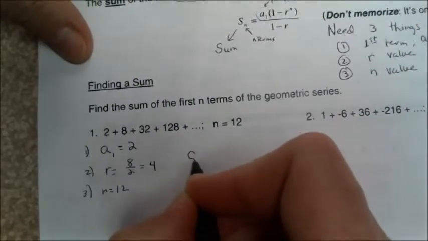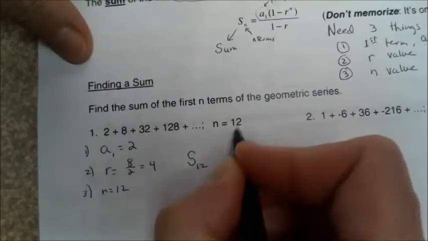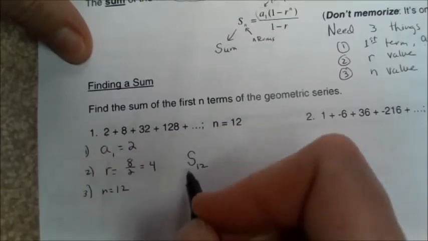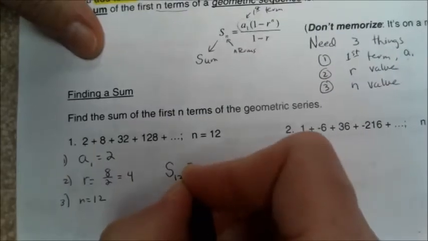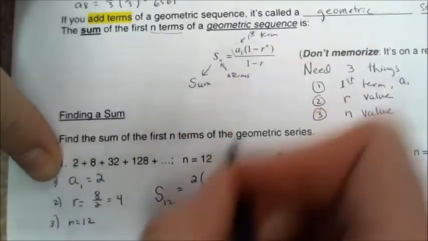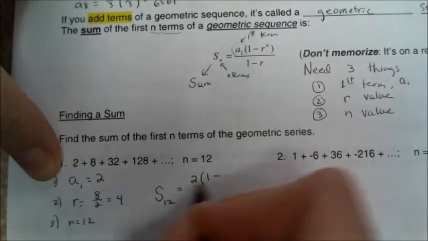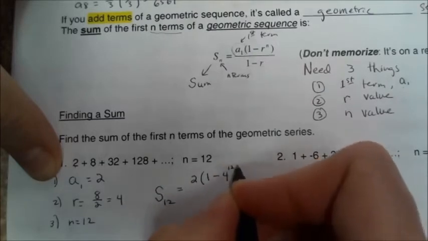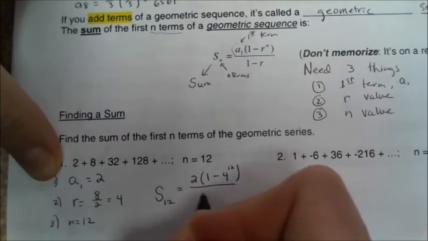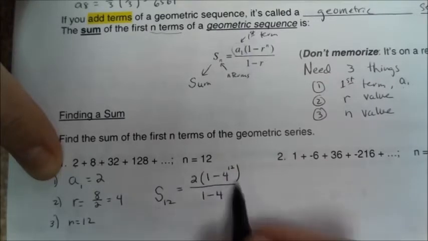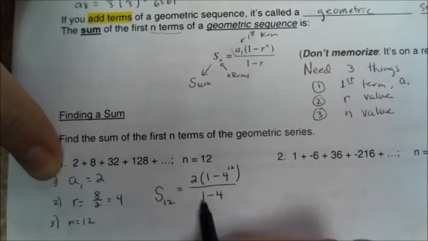So the sum of the first 12 terms of this geometric series, you could add them up in your calculator if you wanted to, but it's probably a lot faster if you just plug in the formula: A1, which is 2, times 1 minus R, which is 4, to the nth power, which is 12, all divided by 1 minus R. So there's the sum of the first 12 terms, and we can just put this in our calculator now.